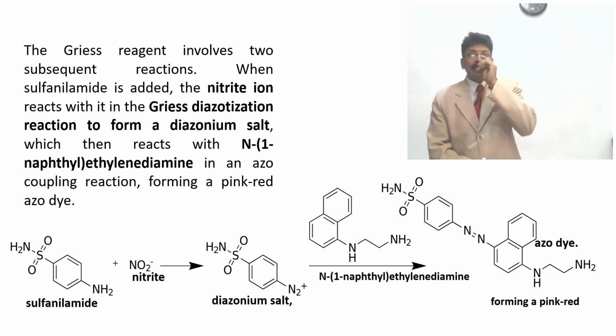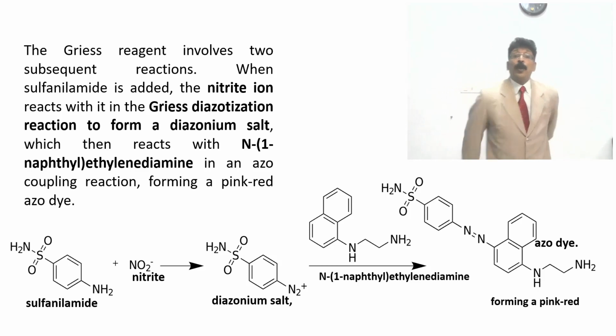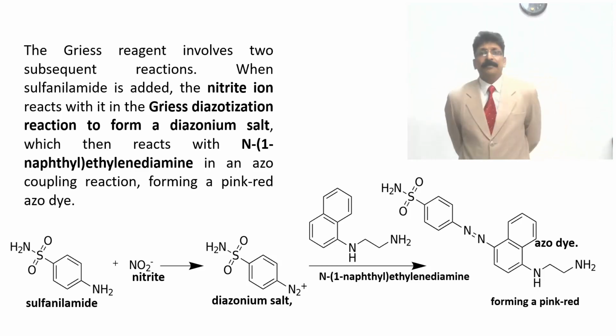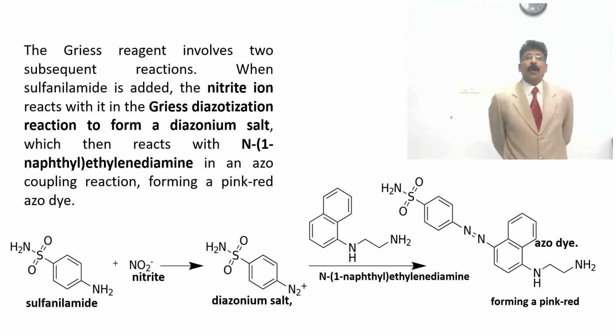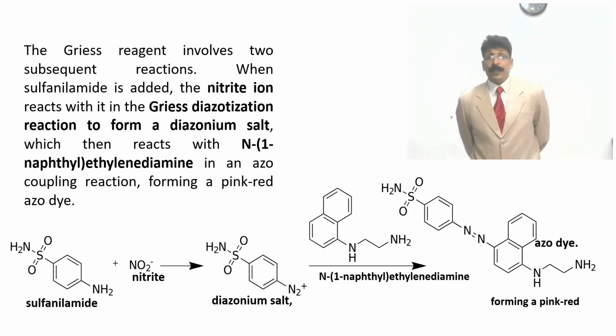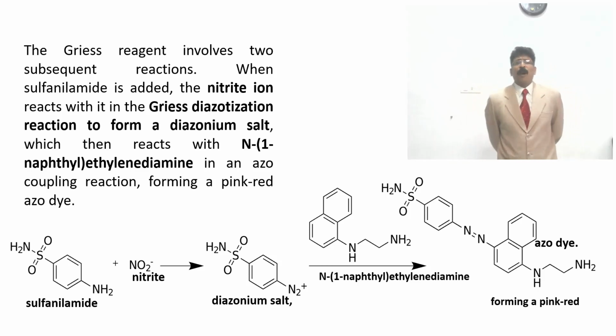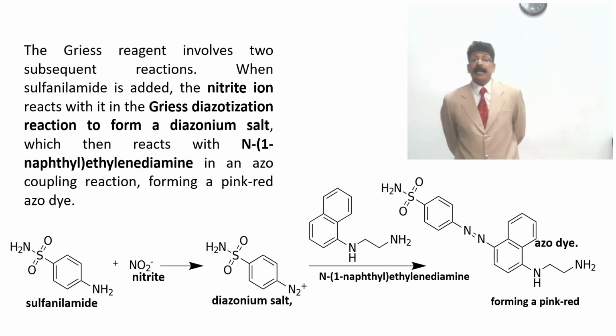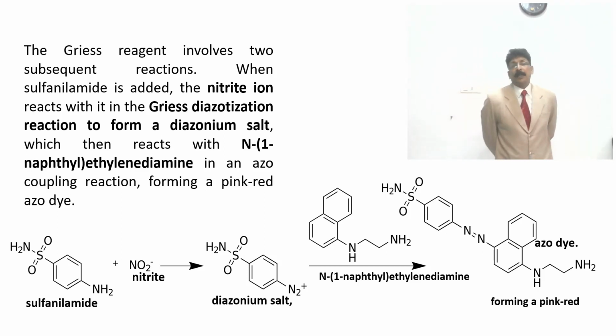The Griess reagent involves two subsequent reactions. When sulfanilamide is added, the nitrite ion reacts in the Griess diazotization reaction, as shown in the reaction below, to form a diazonium salt, which then reacts with N-1-naphthylethylenediamine in an azo coupling reaction.